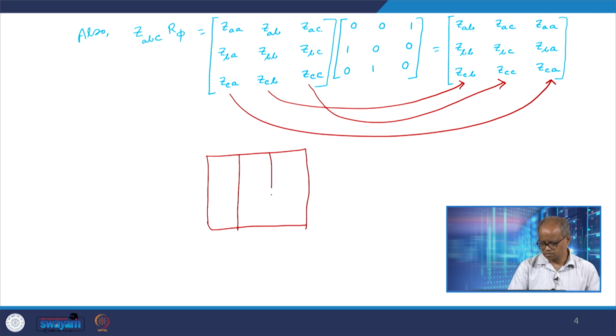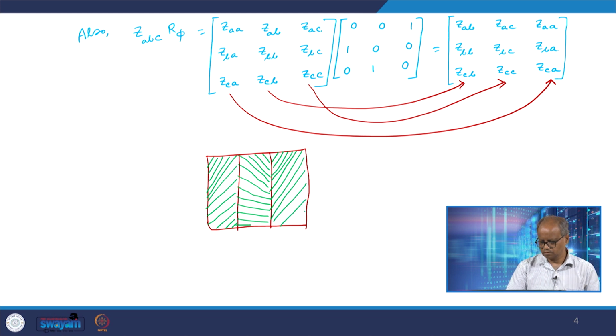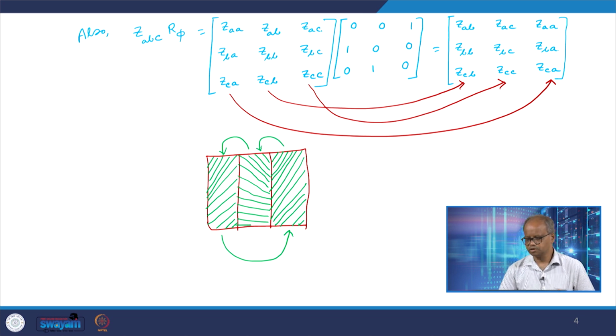So these are the three columns, right? The effect is that the first column goes to the third position, and the second column goes to the first position, and the third column goes to the second position, right?